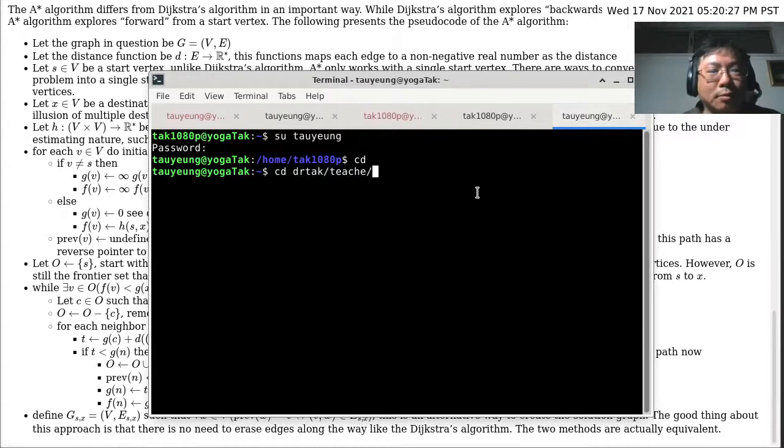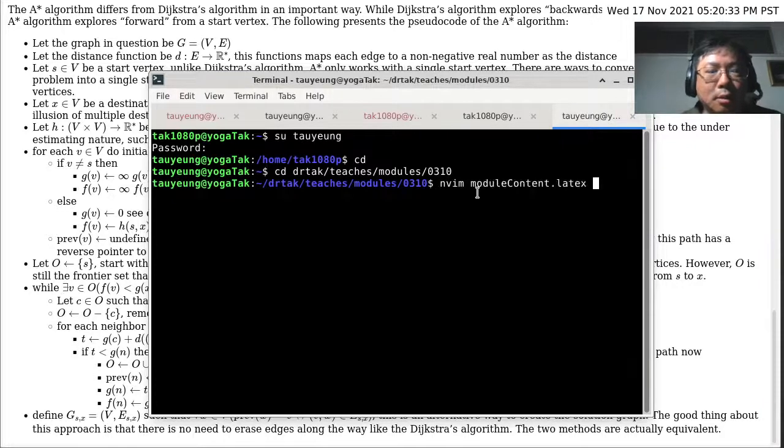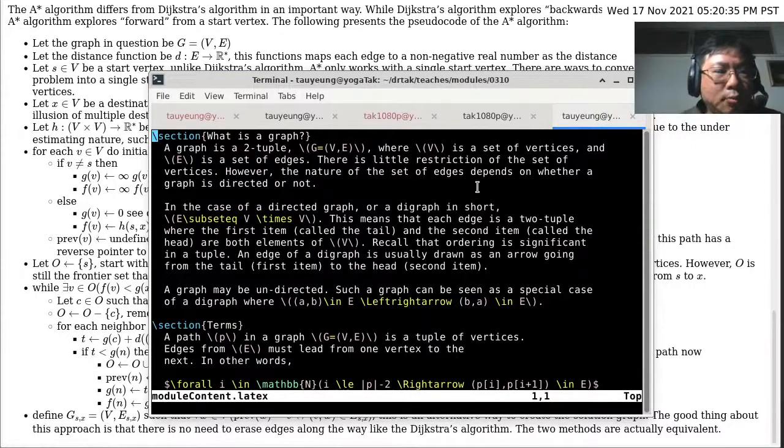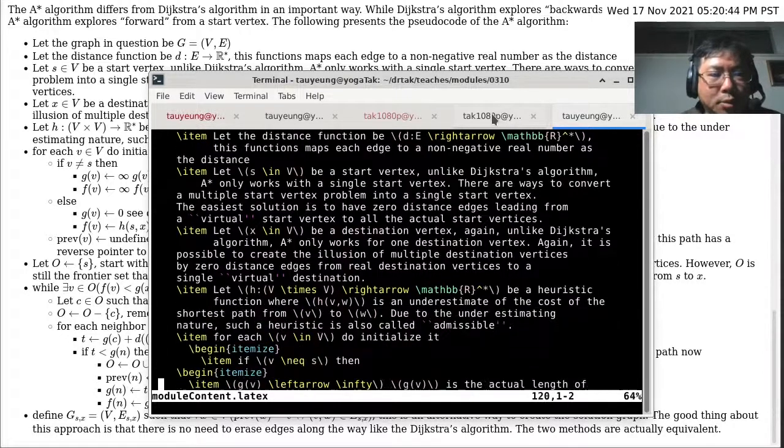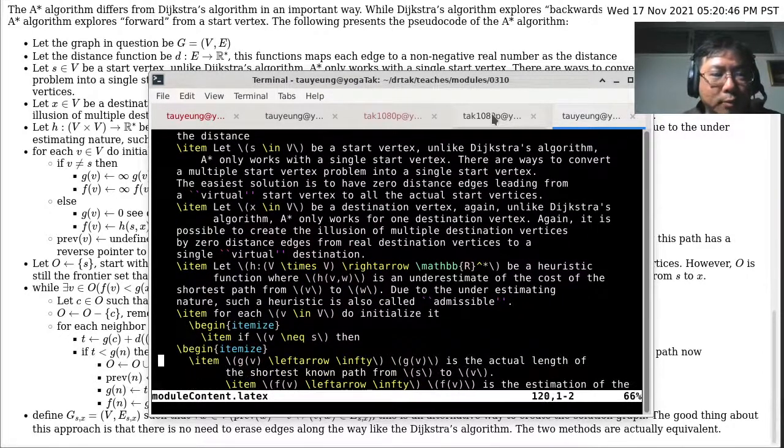Okay, so this is 0310, and we are looking for the A star algorithm, and the explanation of the initialization is where we are having the issue. So that would be right here.